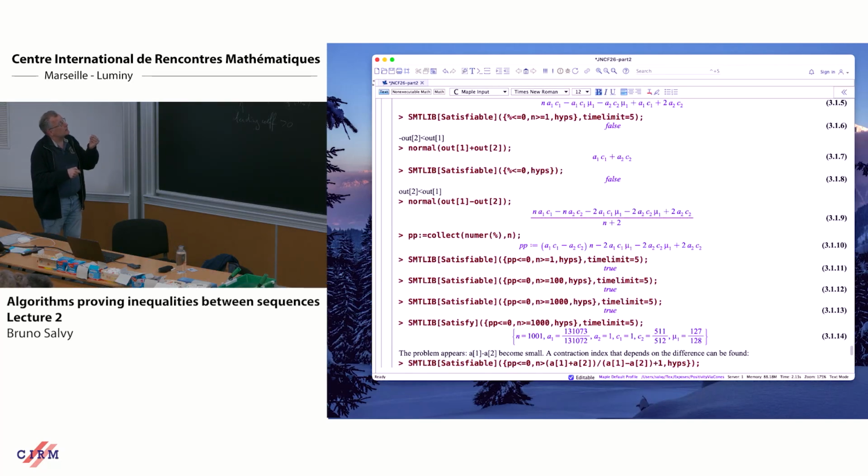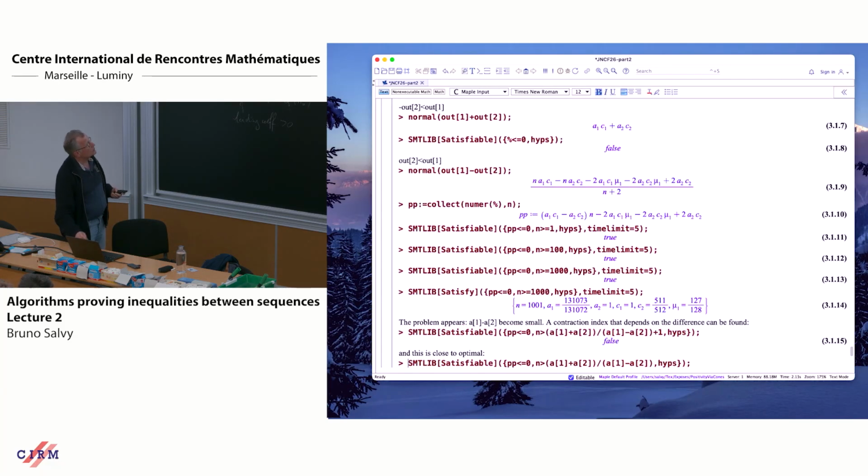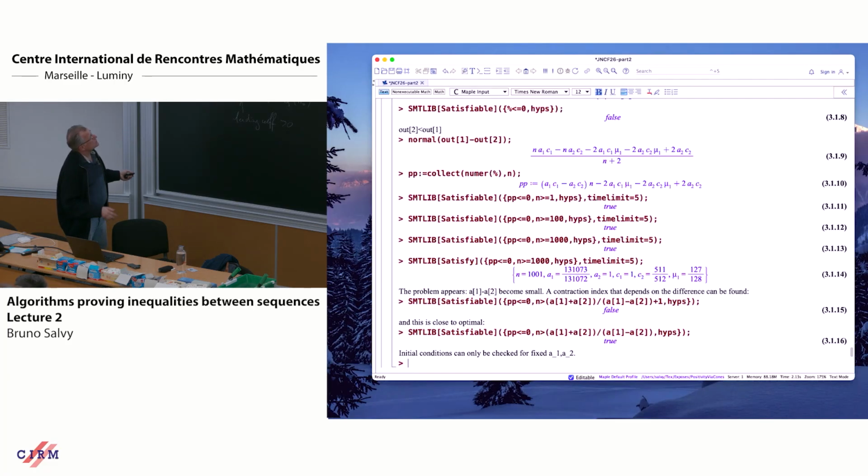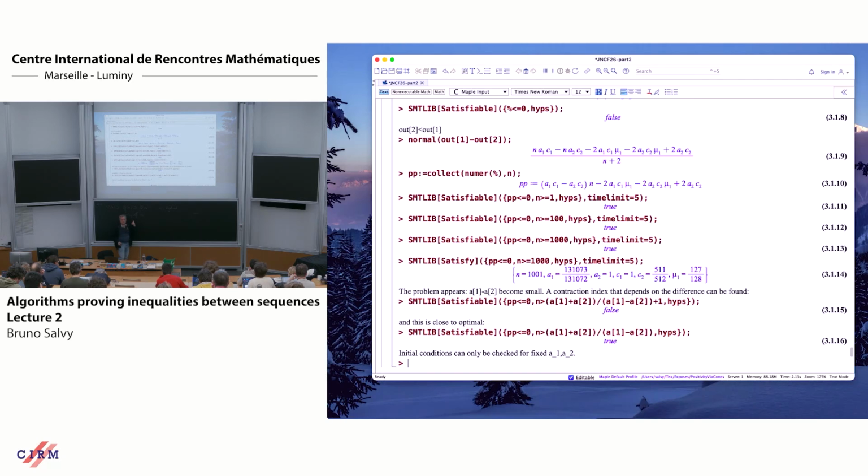So instead of looking for a fixed n, we get an n that depends on 1 over A1 minus A2. And that is the index at which the cone is contracted. I take n, and it's close to optimal because if I subtract 1 from here, then it tells me no, I have counterexamples.